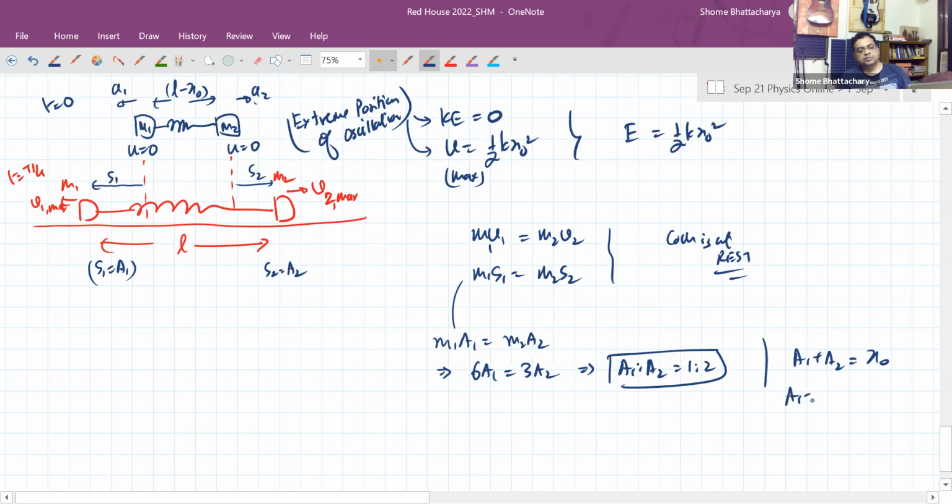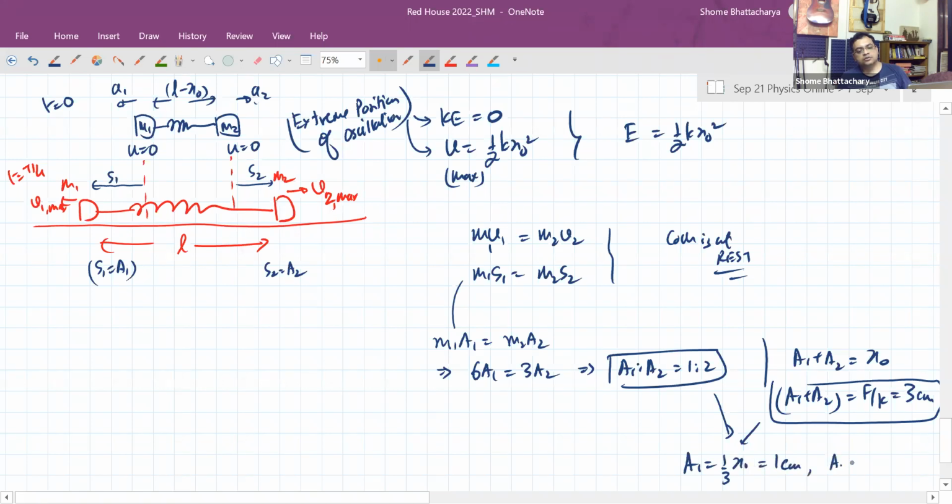So A1 plus A2 is equal to what was our F upon K earlier on, that was 3 centimeters. So you have this statement and this statement. So from this you can easily understand that A1 is 1/3 of x naught, that is 1 centimeter, and A2 is 2/3 of x naught, that is 2 centimeters.